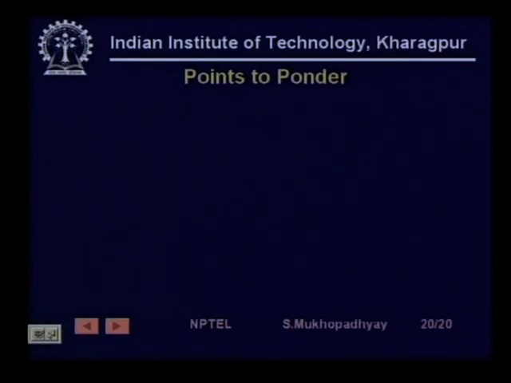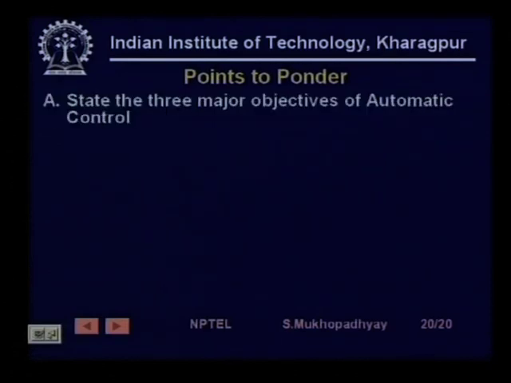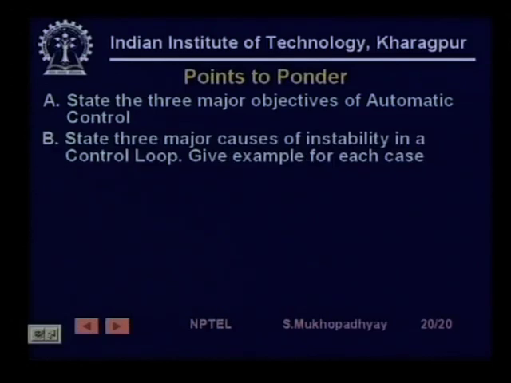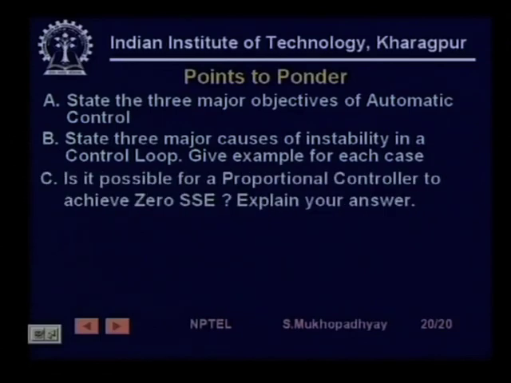Here are some points for you to ponder. First, state the 3 major objectives of automatic control, which I have just now said. State 3 major causes of instability in a control loop, and give, this is tricky, try it, a practical example for each case. Is it possible for a proportional controller to achieve 0 steady state error?